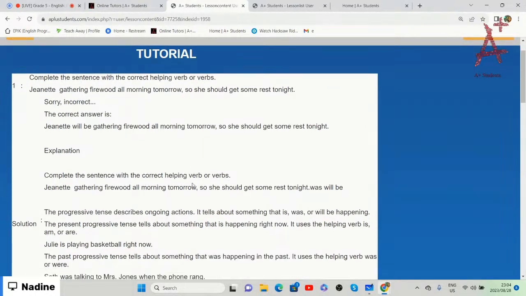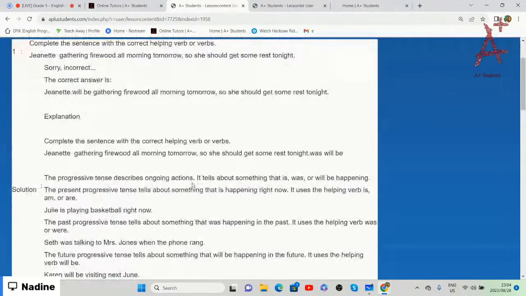For our lesson today on use of progressive verb tenses, it describes ongoing actions, right? It also tells us about something that is, which is in the present, was, which is in the past, and will be happening, which is basically in the future.